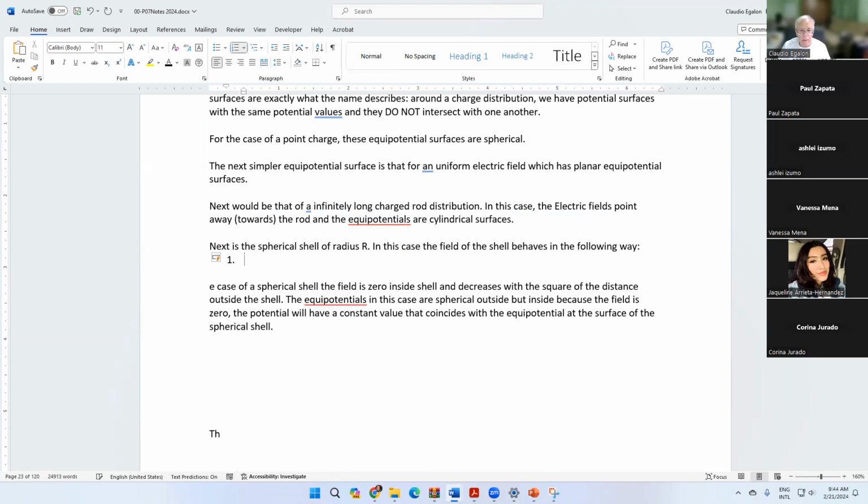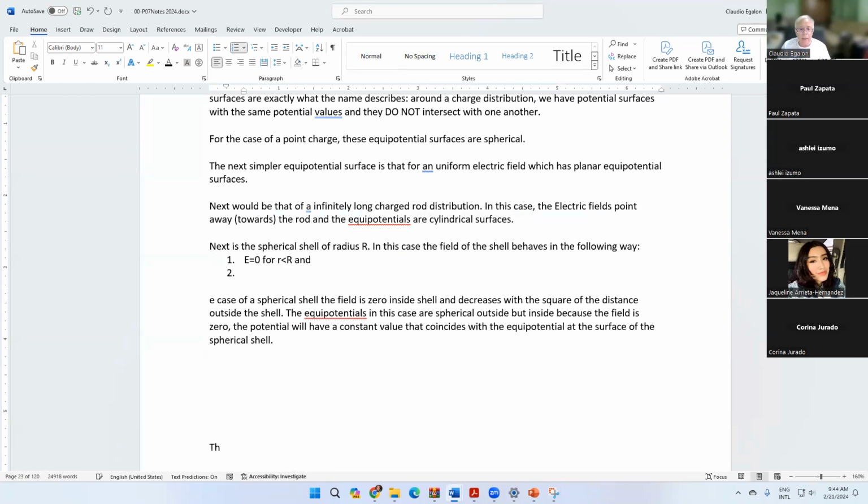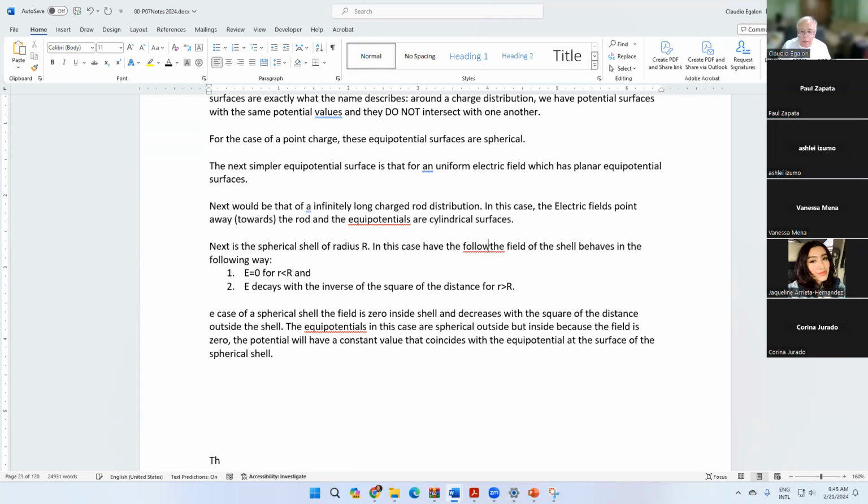One, E is 0 for little r less than big R, and E decays with the inverse of the square of the distance for r greater than R. Okay. Here you go.